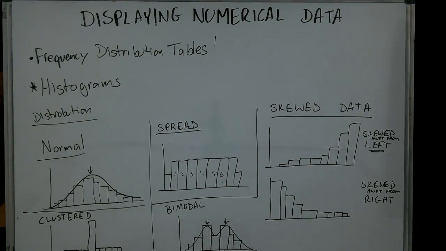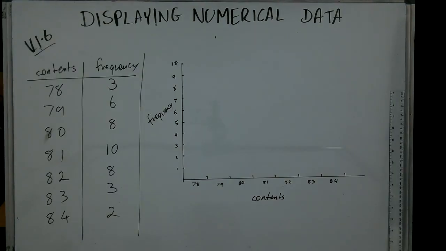Okay, so now I'm going to jump into a couple of examples. This example is drawing a histogram. It says the frequency distribution table shows the contents of 40 packets of jelly beans. So 40 packets of jelly beans were bought.